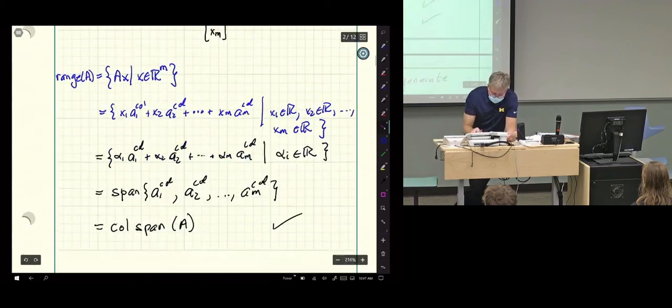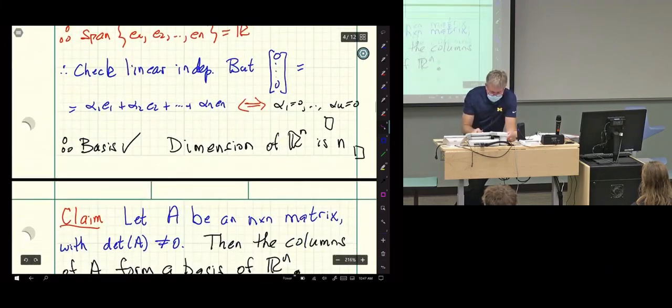So rank of A is not anything super novel.